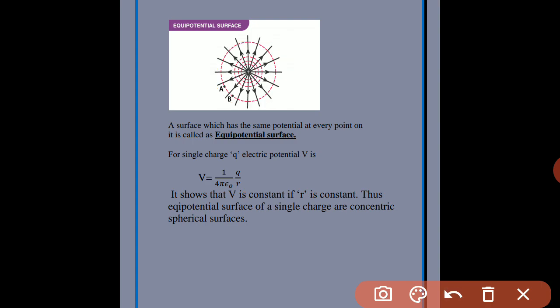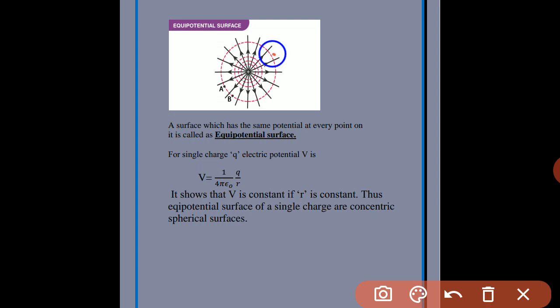On the perimeter of a circle, the radius will be the same for all points on that outer surface. So the R value will be the same for both point A and B. R value will be the same means V value will be the same, because all other things are constant here. For both points, you will get the same value of electric potential.